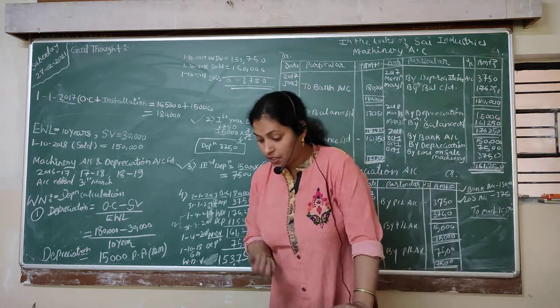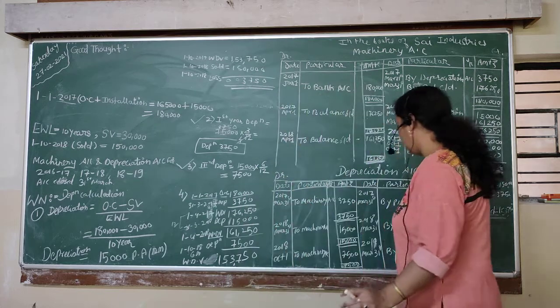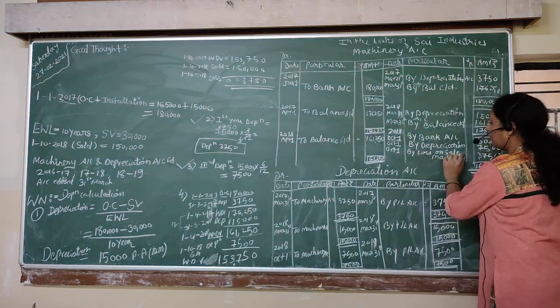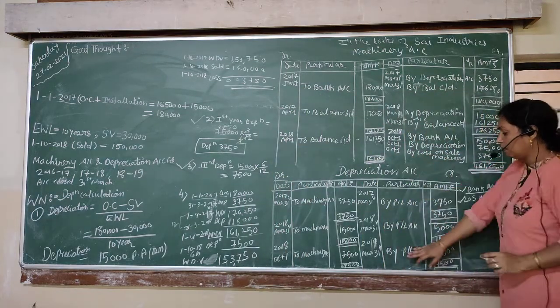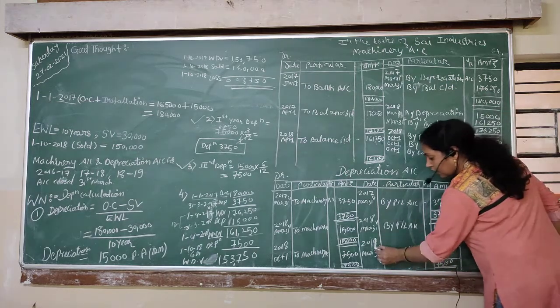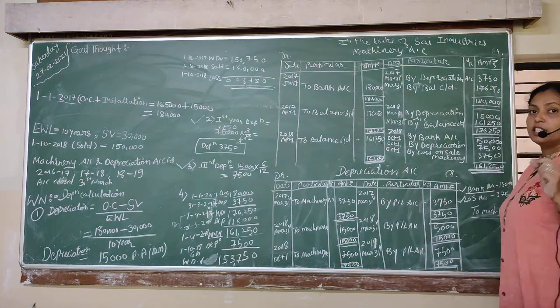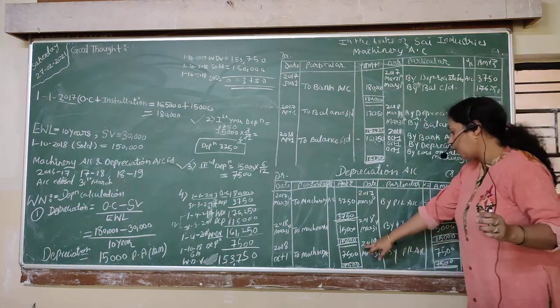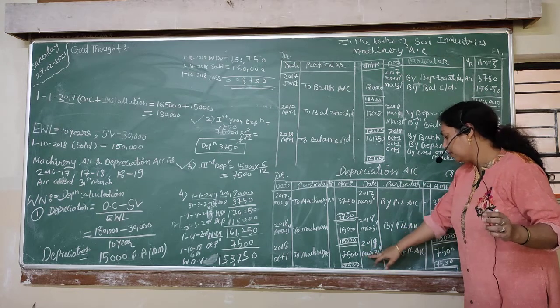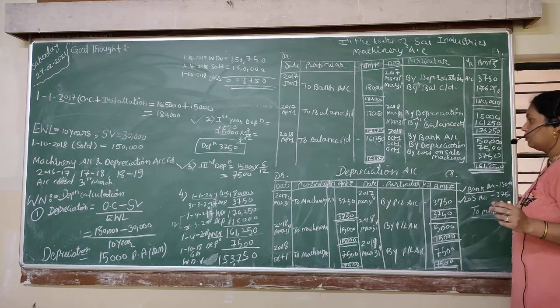So now students, in the depreciation account, we will transfer the depreciation to the profit and loss account. No profit and loss account is prepared here, so we will transfer the depreciation to the P&L account. The transfer entry is always done at the end of the year, so I have written here 31st March 2019, by P&L account 7,500.